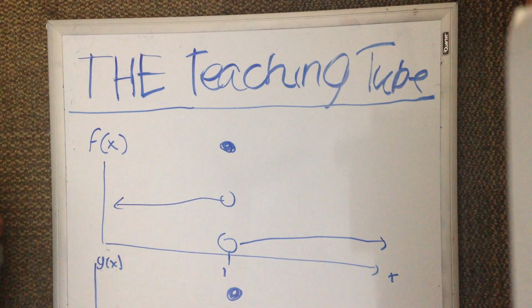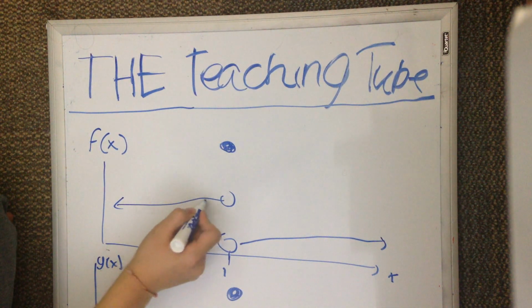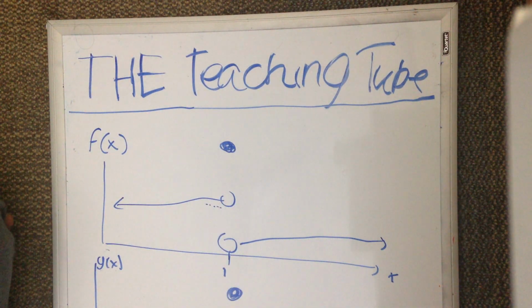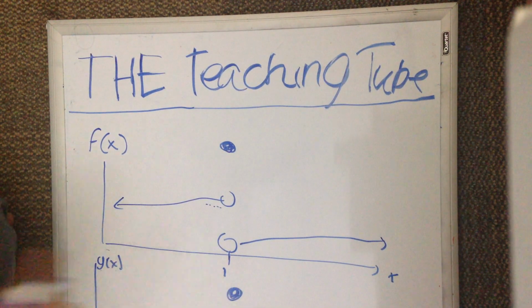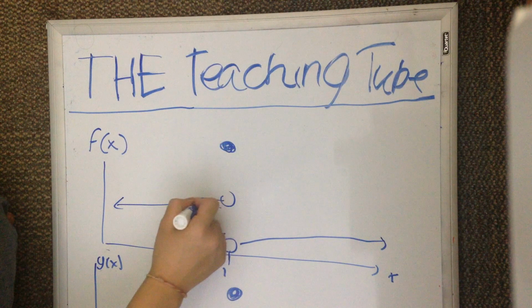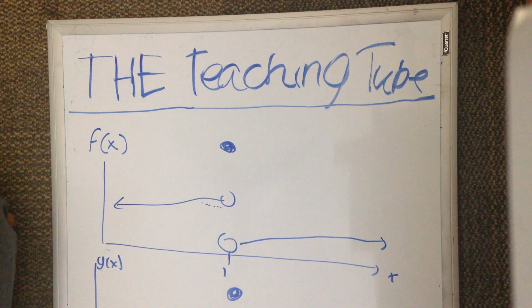The limit from the negative side is if we get really close to the negative side and we start walking along this line, then the limit of f of x evaluated at 1 on the negative side would be the value that we would get to if we could stand as close to 1 as possible following the function there.